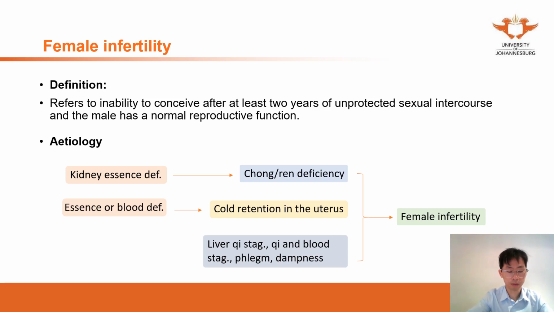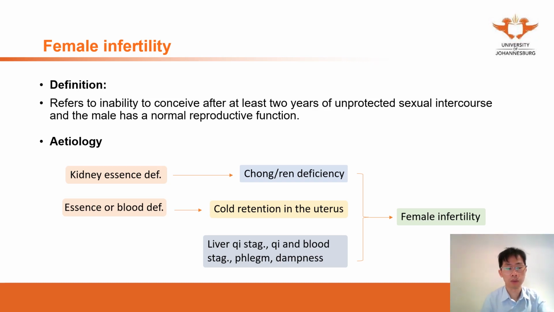In Chinese medicine, we realized this issue quite early, much earlier than Huangdi Neijing. The first text that records female infertility was Zhou Yi. If you still remember, this is a literature book, not a medical work.